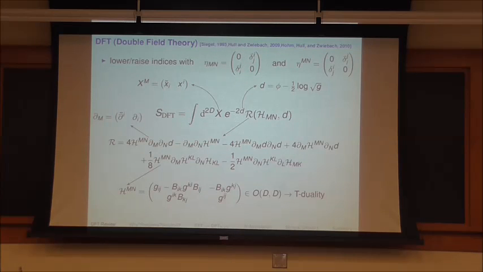And this is interesting because O(D,D) transformations implement exactly T-duality transformations on the torus. Again, everything on the torus. And because we use this metric also to contract these indices, the theory has a manifest global O(D,D) invariance. This is exactly why people say double field theory makes T-duality manifest, because it has this O(D,D) invariance and we can rotate it and still have the same theory. So it makes it manifest.